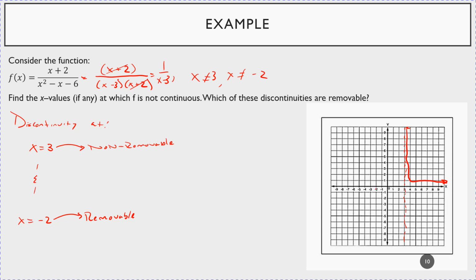At negative 2, there'll be a hole in the graph. It's supposed to be a hole. So this is the removable discontinuity, and the vertical asymptote is the non-removable.